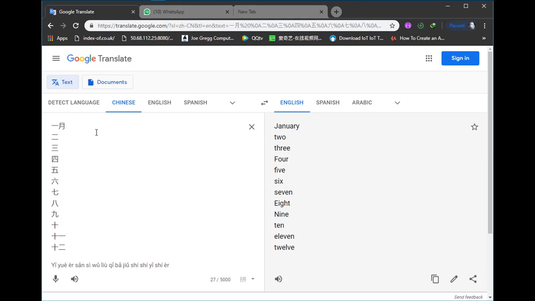So if we do the same, just adding yue in front of the numbers, watch, that changes 2 to February. Okay, we have 3 here. What do you think is March? San yue, very good. San yue, that's March.